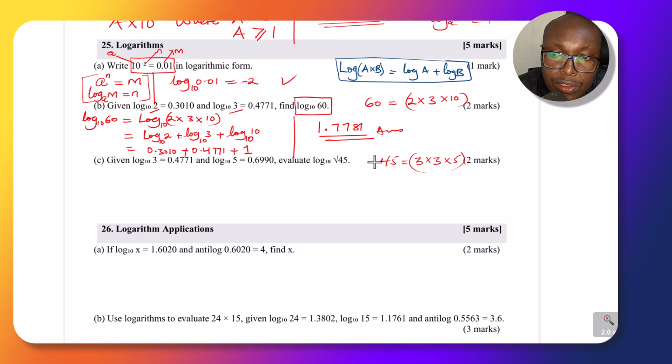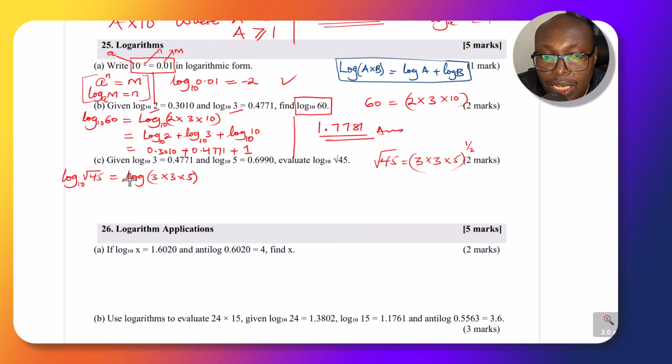Then after that, don't forget that you're getting the root. And getting the root is the same as raising the number to the power of a half. Getting the square root is the same as raising any number to the index of a half. Now with that, we can write it like this. Logarithm of the root of 45 can be written as logarithm of 3 times 3 times 5, like that.